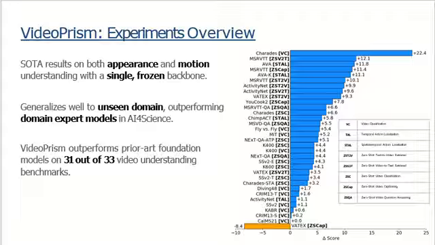So, what do we get to know out of this experiments overview? The key point to remember is that VideoPrism is evaluated using a frozen backbone, meaning the model parameters are not updated or fine-tuned for any specific task.